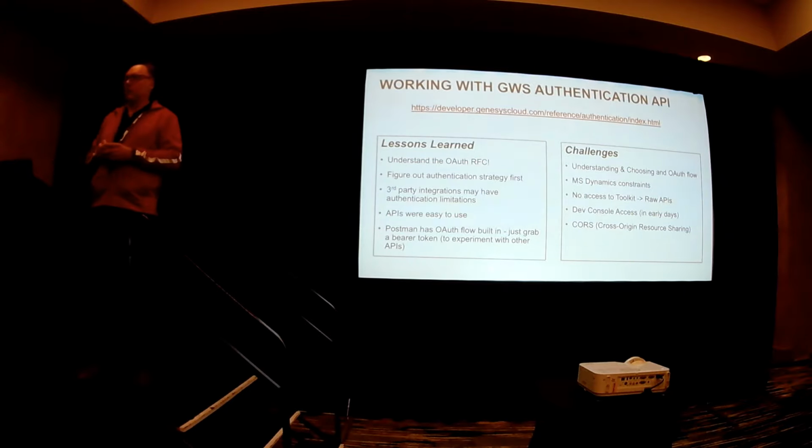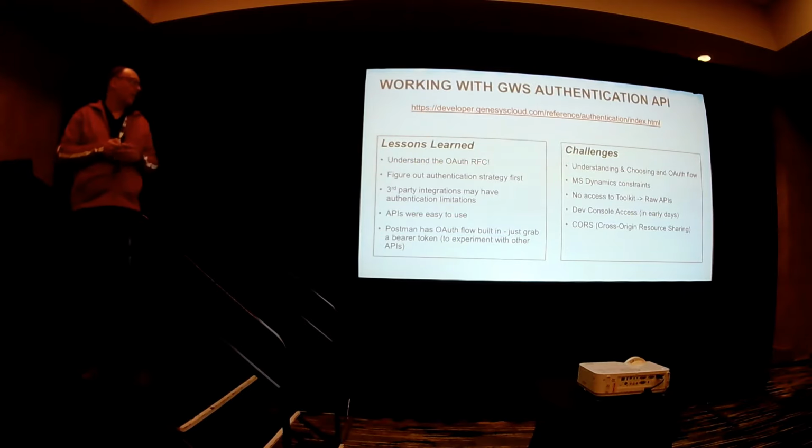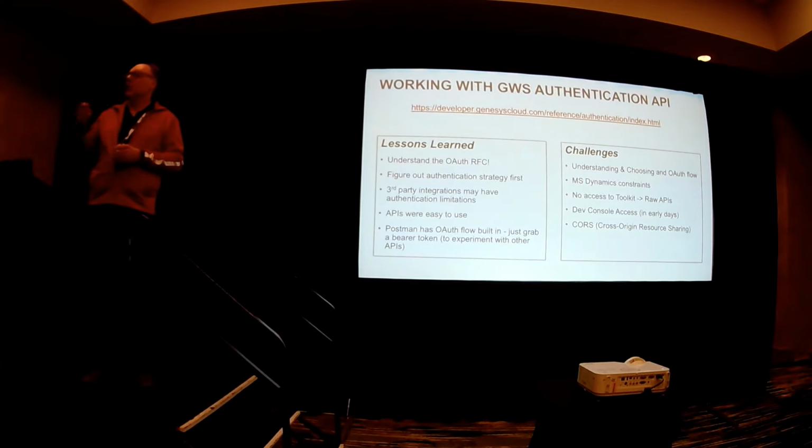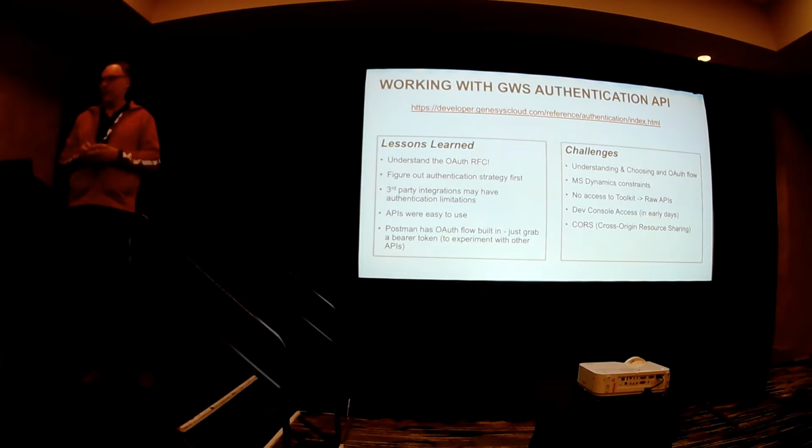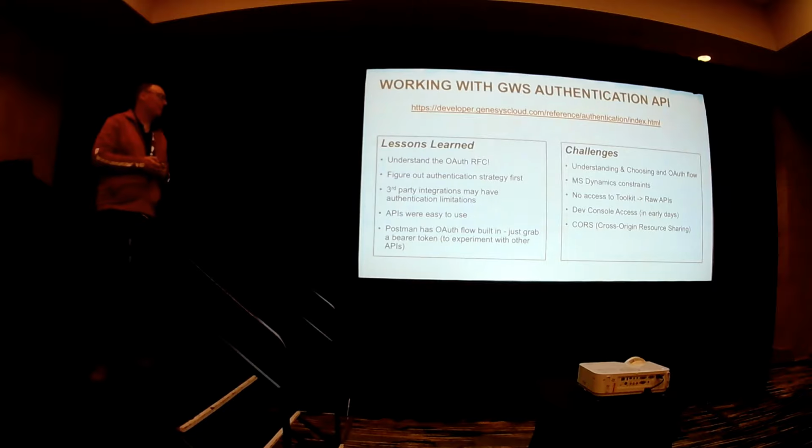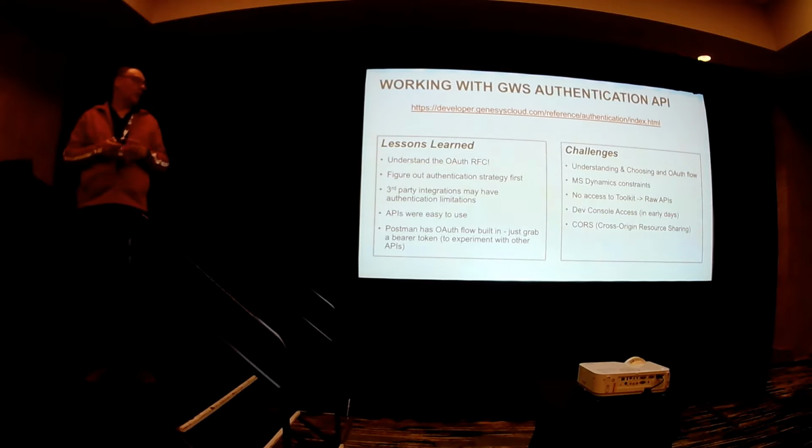It was solved by sending requests into Genesis to whitelist the URLs that we needed. This caused a little delay. We didn't have local control of our environment as you would expect in a cloud-based provider. So that was one of the issues that we were coming across as part of the authentication.